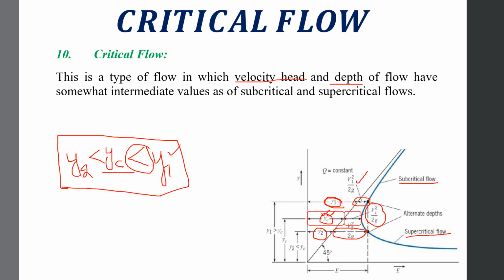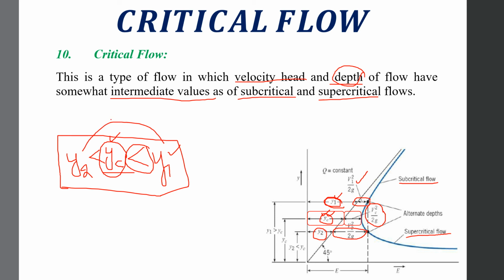You can see the value of y1 is greater as compared to yc, and the value of y2 is less as compared to yc. What does this mean? It means that yc is in between y1 and y2. So depth of flow has a somewhat intermediate value between subcritical and supercritical flow.